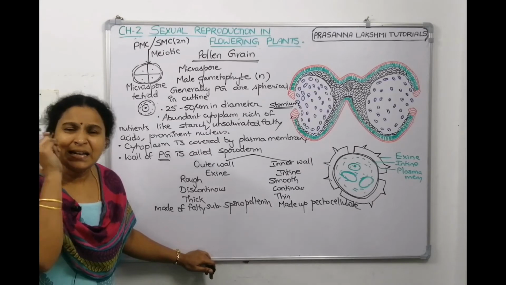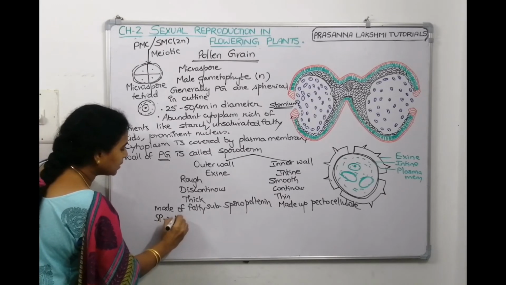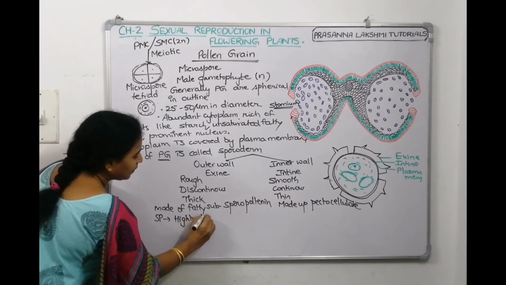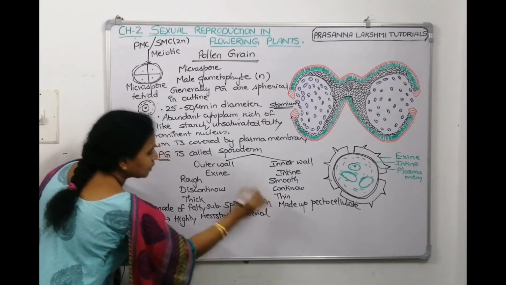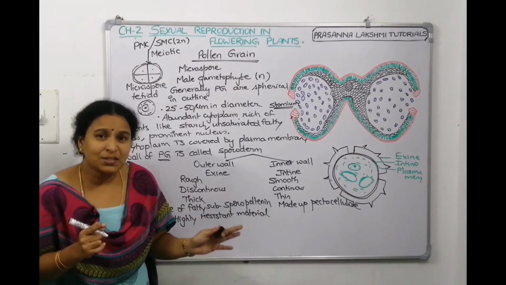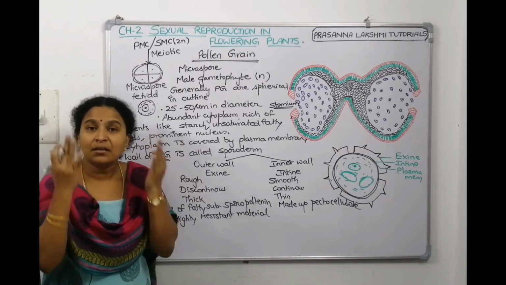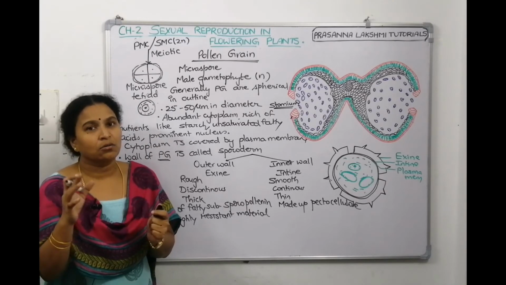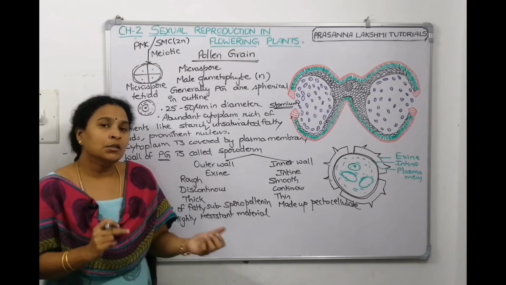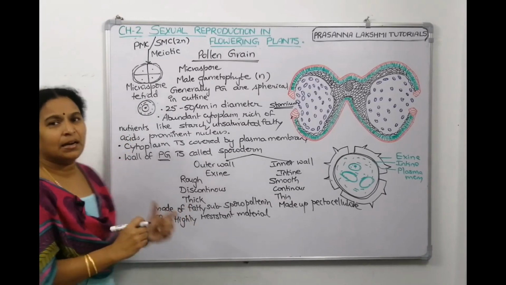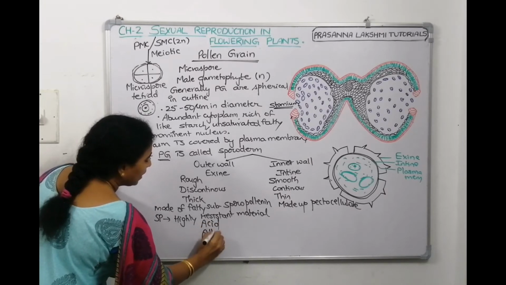Sporopollenin is a highly resistant material of the plant. Highly resistant means it is resistant to temperature, acid, base, and even enzymes. It cannot easily be degraded by enzymes, high temperature, acid, or alkali. That's why we say sporopollenin is a highly resistant material.